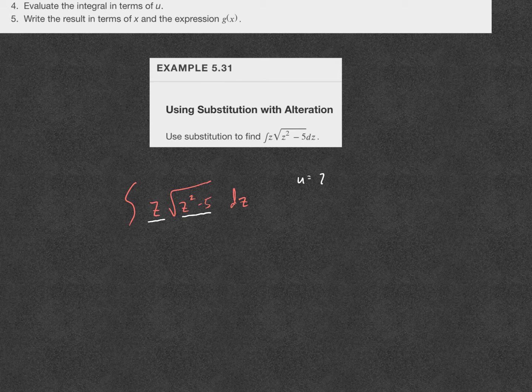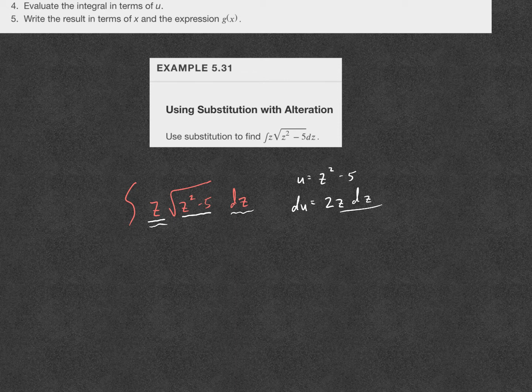U equals z squared minus 5. The derivative of u, du, is 2z times dz. All right, so what do we do there? I see the z dz, z dz, that's fun to say. I see the z squared minus 5. We're almost good, but what do I do with the 2?